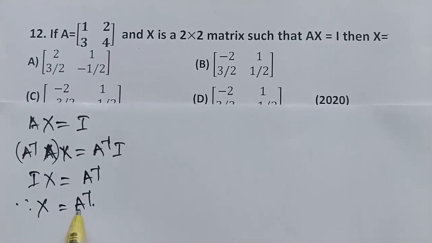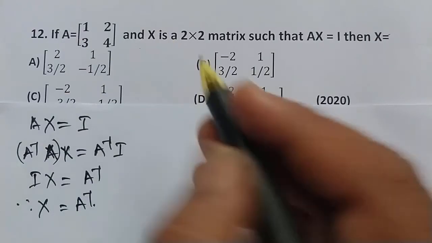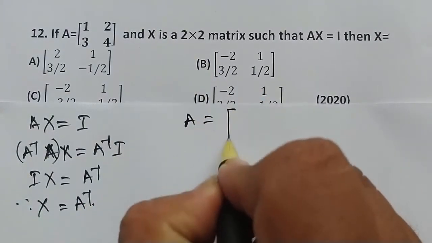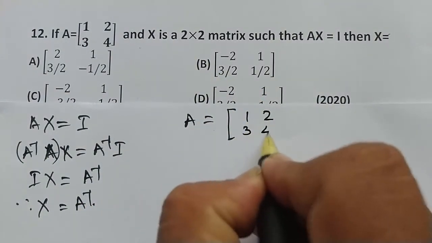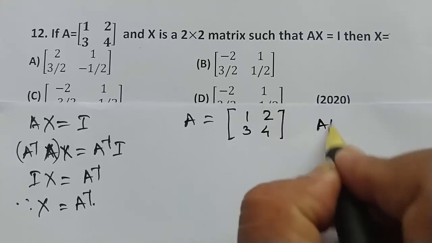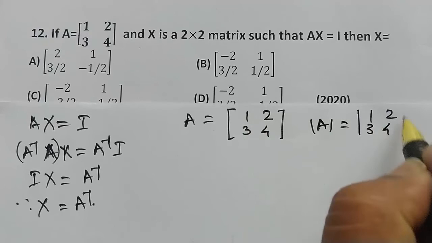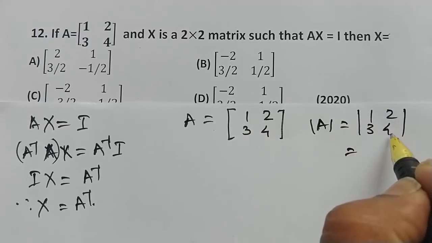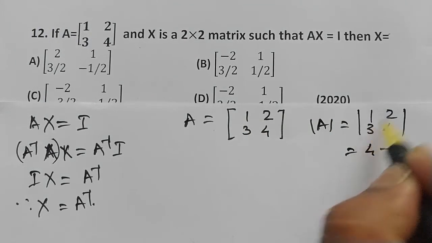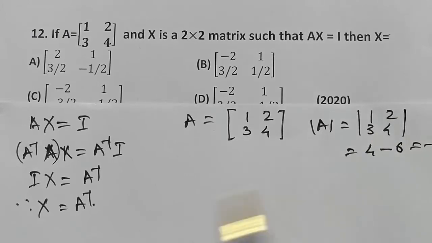So we find the inverse of the given matrix A. A is the given matrix [1 2; 3 4]. Its determinant is 1 into 4, that is 4, minus 3 into 2, 6, which is minus 2.